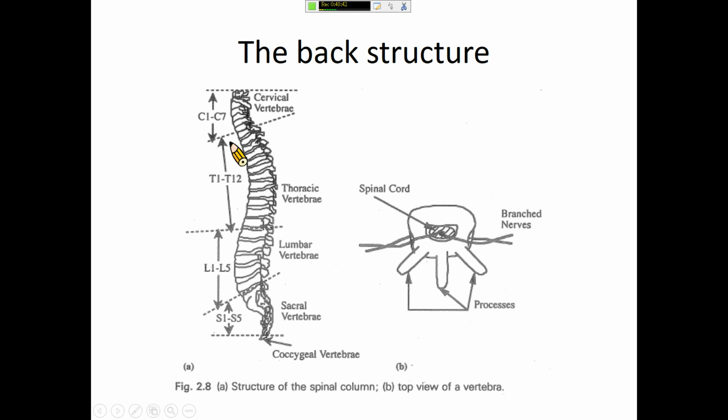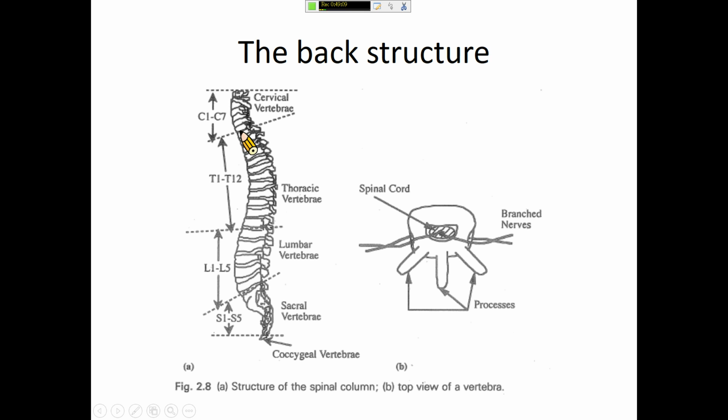And the thoracic is actually quite immovable. The most movable joint is the neck here, between cervical and thoracic. So C7 T1 joint.